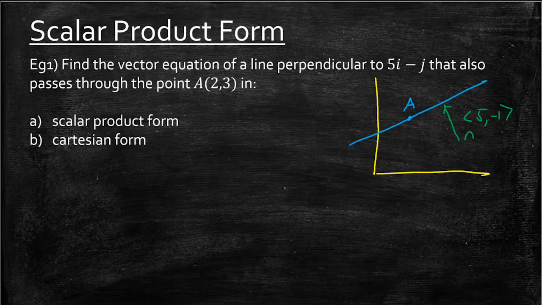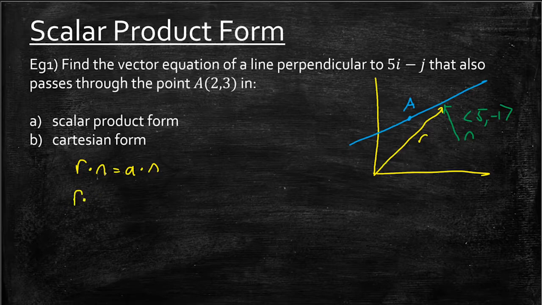All we need to do now is we just need to put that into our equation of r dot n equals a dot n. Now r, we don't know what r is yet because r is just any point on this line here. Okay, so r is any point on the line. It's a generic point. We can leave r the same.